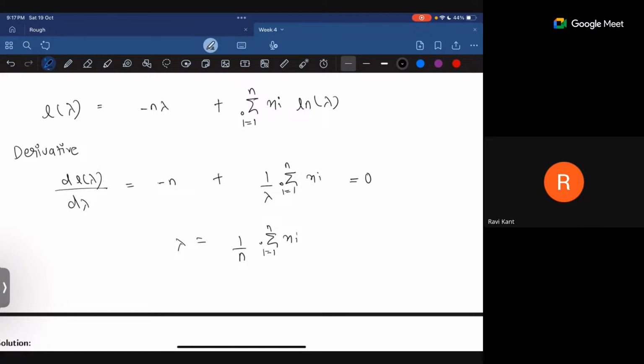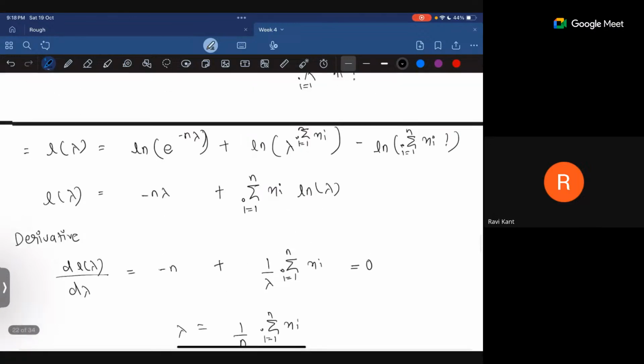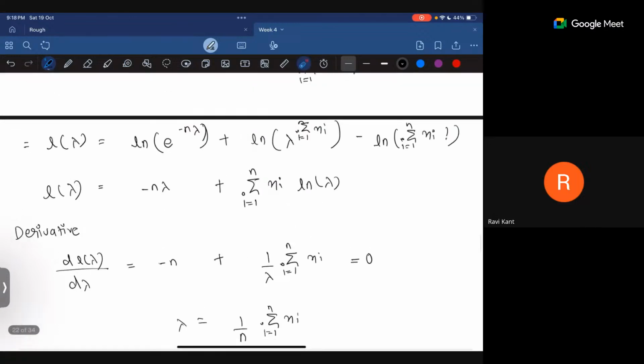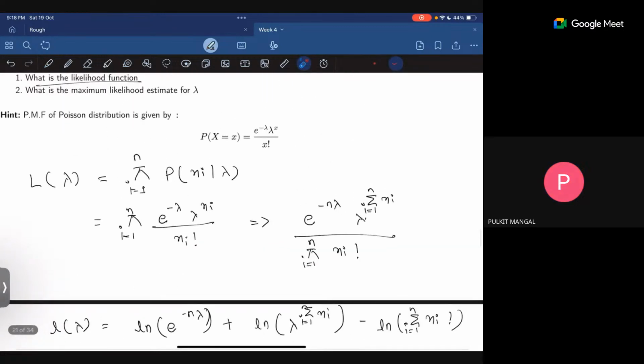Can you go up once again? The likelihood function once. Like we found the likelihood by using the product and then the PDF of Poisson. It's the PMF, because Poisson is a discrete random variable. Okay, PMF. Just put the PMF and simplify it a little bit. Because this term does not have xi, it would be just e power minus n lambda.